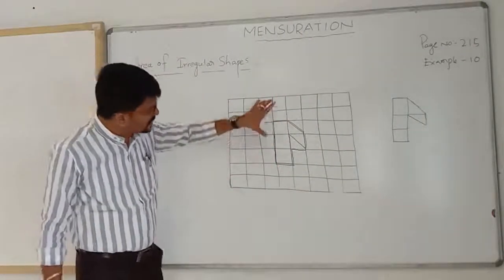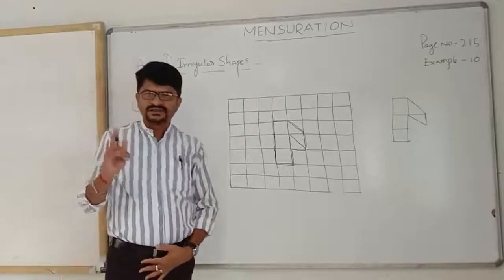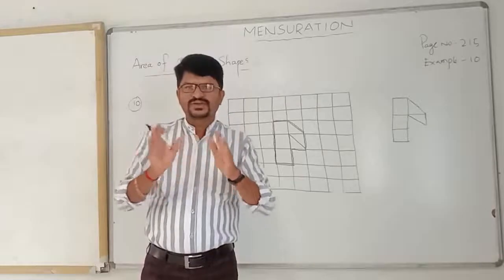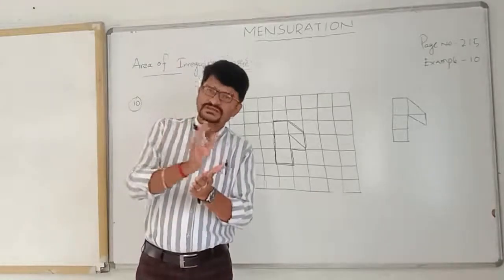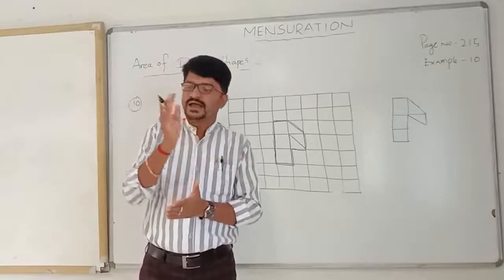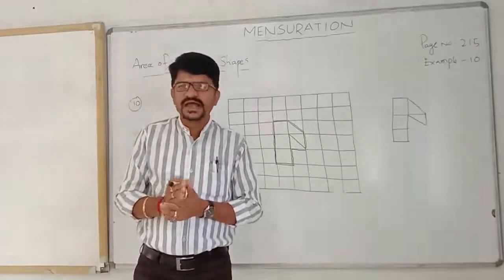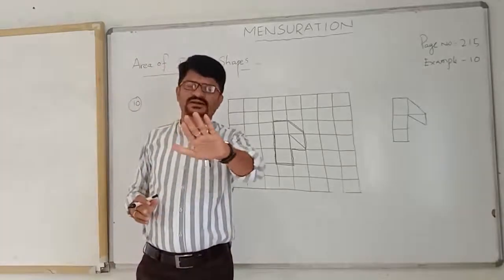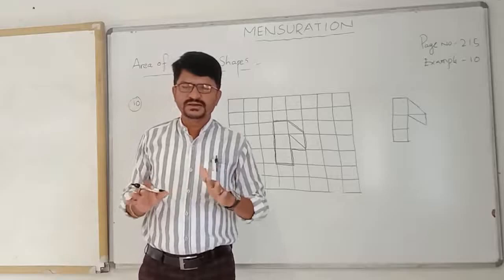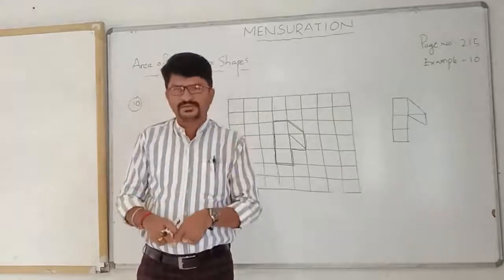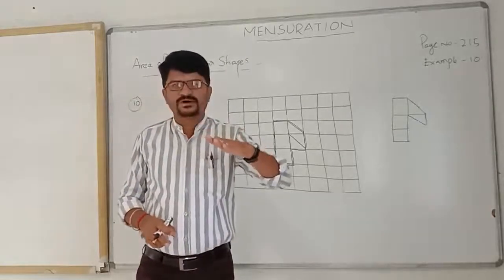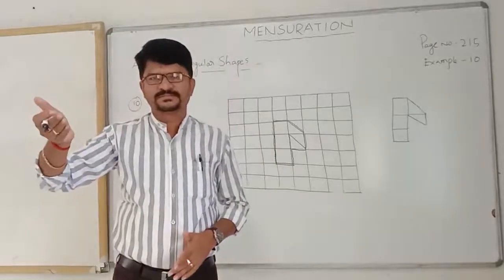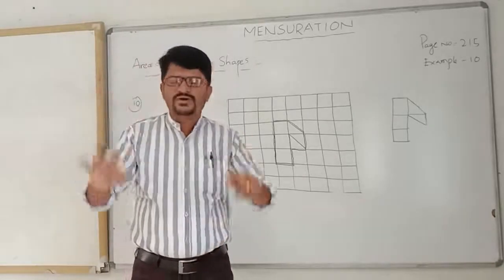Now we need to find the area of this shape. For that, every problem should be divided into square boxes: fully occupied square boxes, half occupied square boxes and more than half occupied square boxes. Less than half means you need not consider. Are you clear, children? You need to count all those boxes.